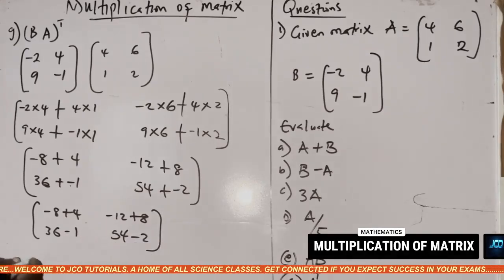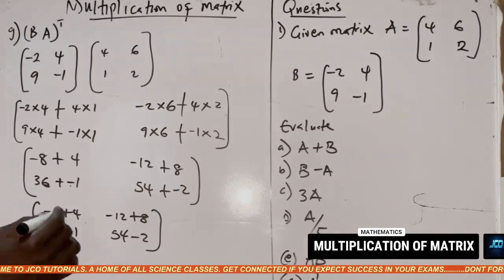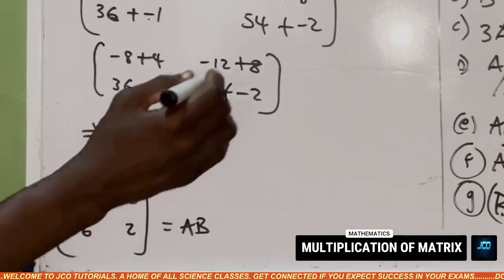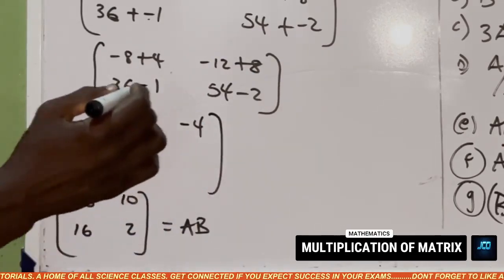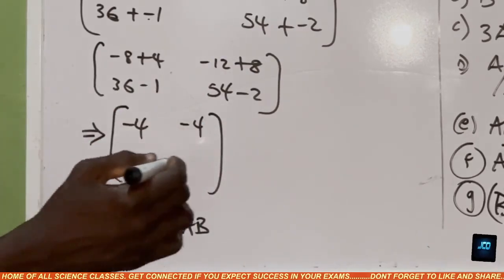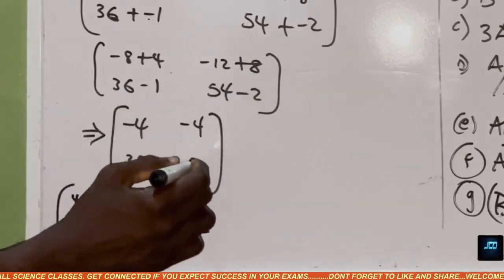So what will be our results? Minus 8 plus 4 gives you minus 4. Minus 12 plus 8 gives you minus 4. 36 minus 1 gives you 35. 54 minus 2 gives you 52.